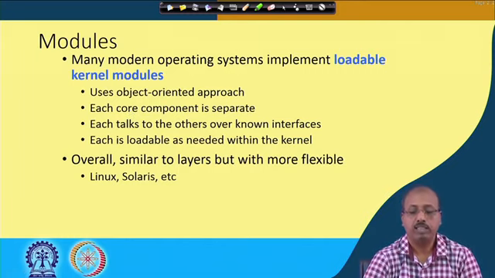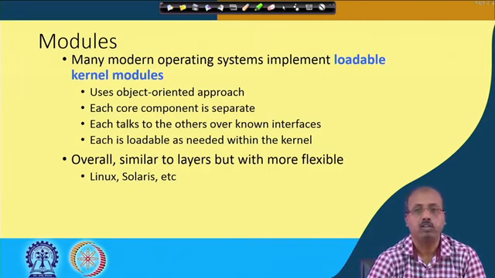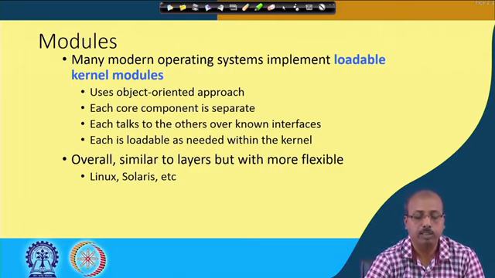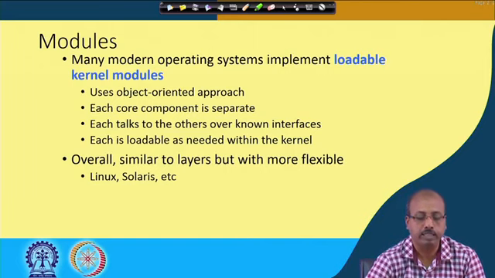Many modern operating systems implement loadable kernel modules. Loadable kernel modules means that as and when required the kernel modules will be loaded. The entire kernel is not loaded into the main memory at the time of booting. It uses an object oriented approach, meaning we have interface and implementation parts separate, inheritance and all those properties of the object oriented approach, and they are used in this kernel design.